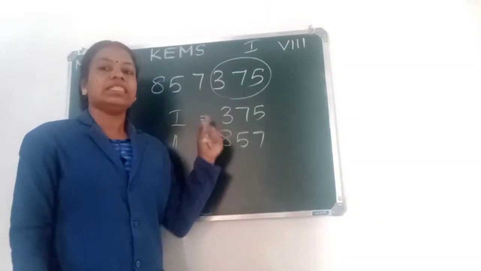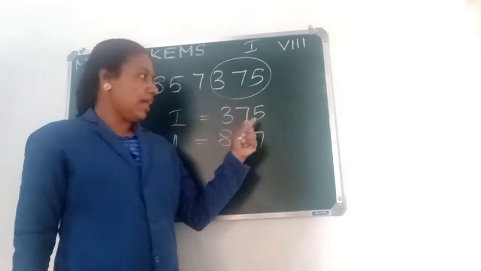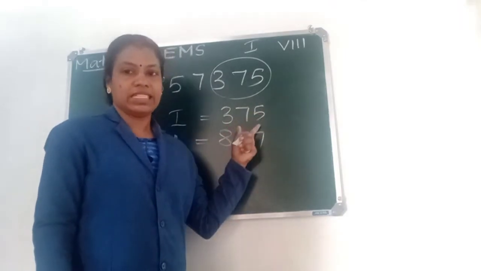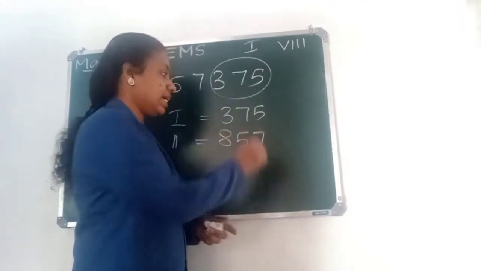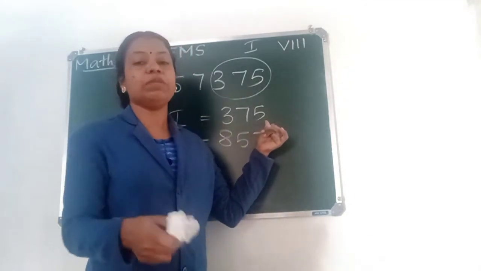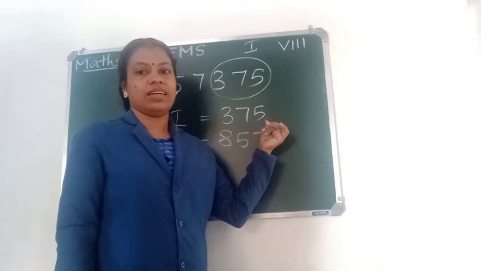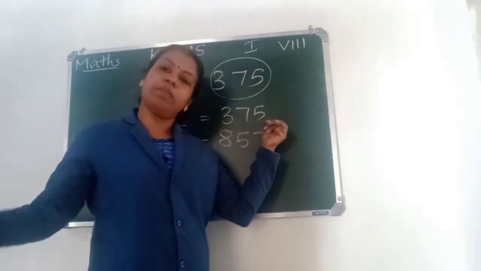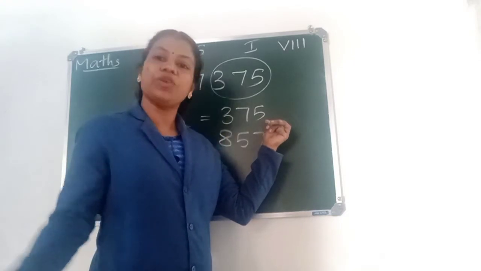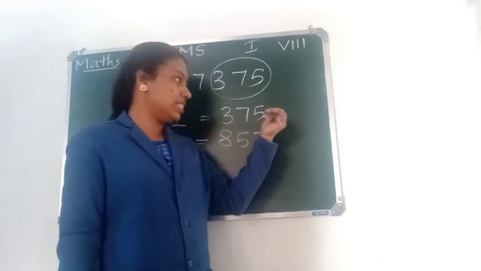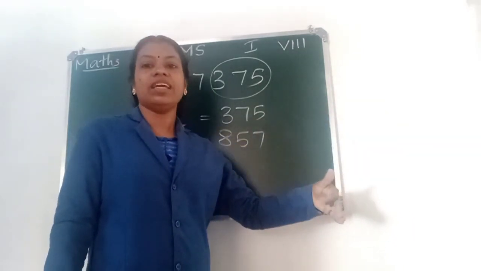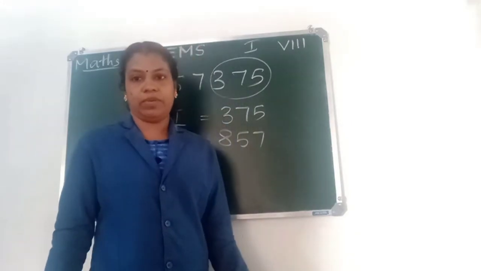Now take the first group, 375. The last place number, the unit place number, will give the unit place digit of the cube root of the required number.